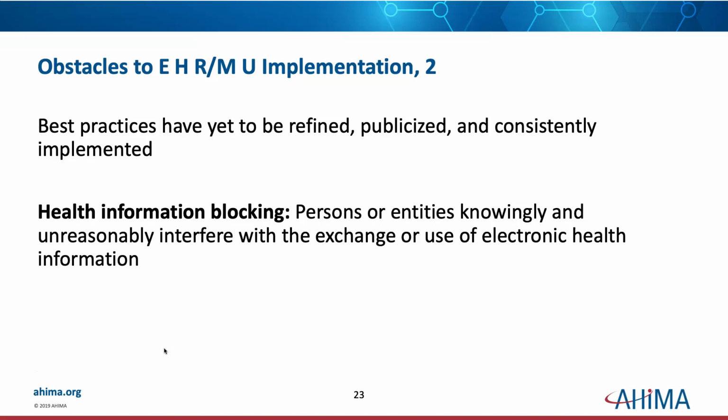So for instance, you could have a vendor who sets it up so that how their system is built blocks information sharing, such as interoperability, so that the system will not be a part of an HIE, the Health Information Exchange. So you have those kinds of situations. That's health information blocking. So just make sure you know what that is.